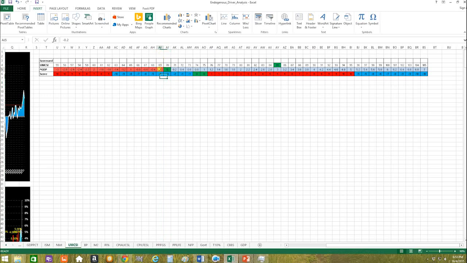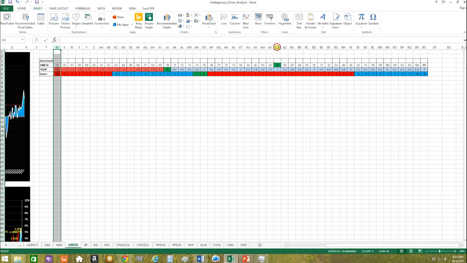And we go all the way down the scale to the lowest levels of the UMCSI recorded. A 55 reading in the UMCSI is consistent with minus 3% GDP growth.